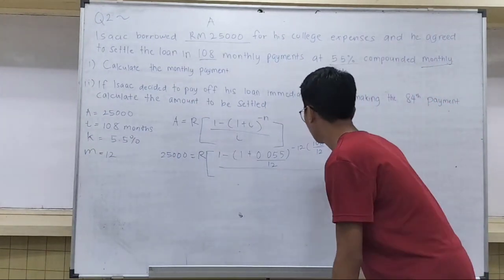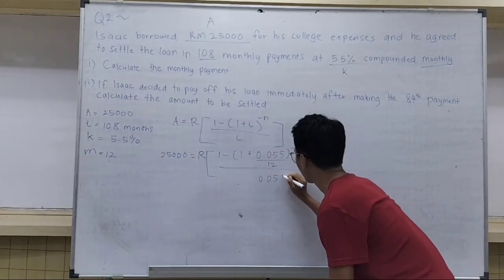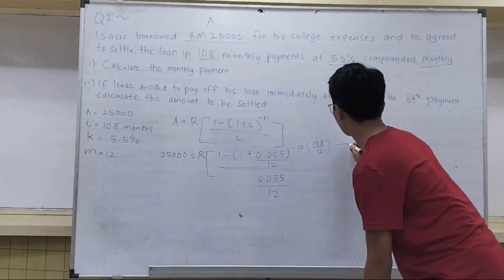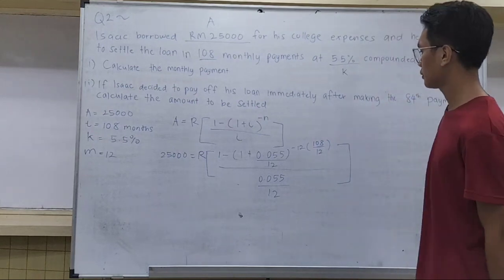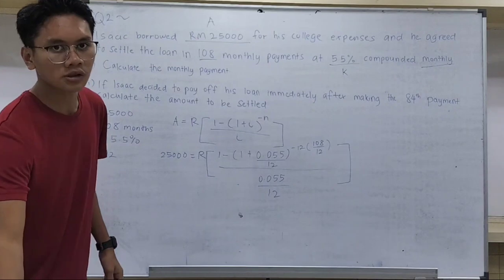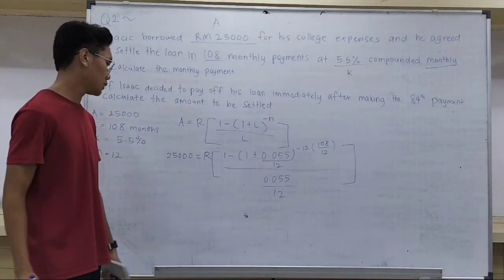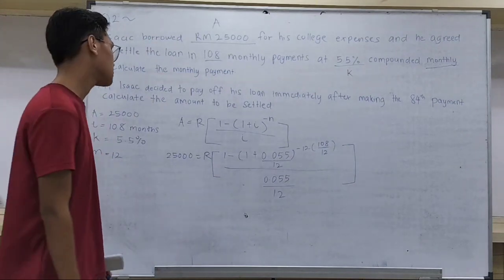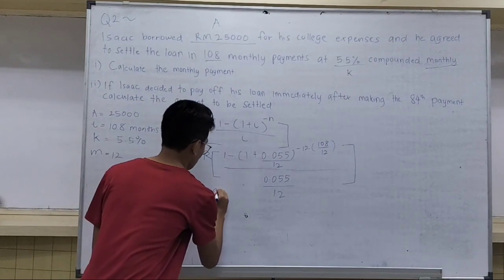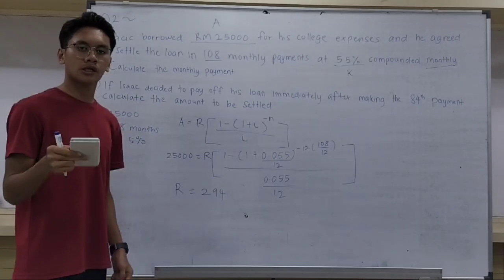Then over 0.055 per 12, and the last one is the bracket, don't forget. I need to calculate all of this. So the answer is R equals 294, based on what I calculated.